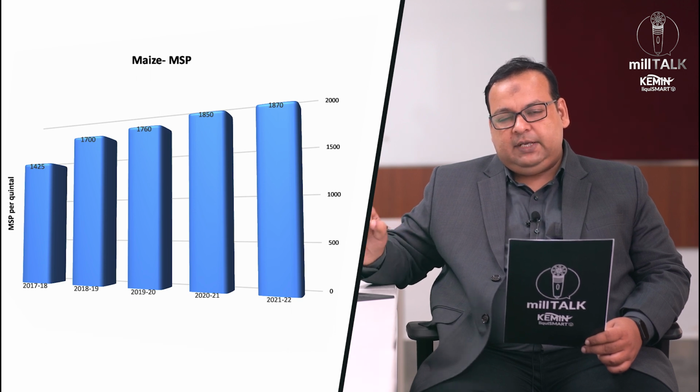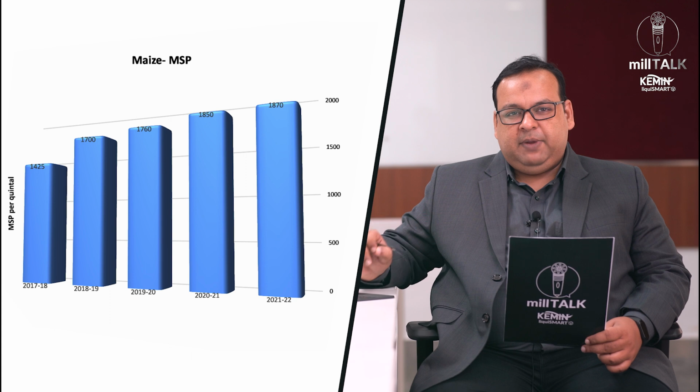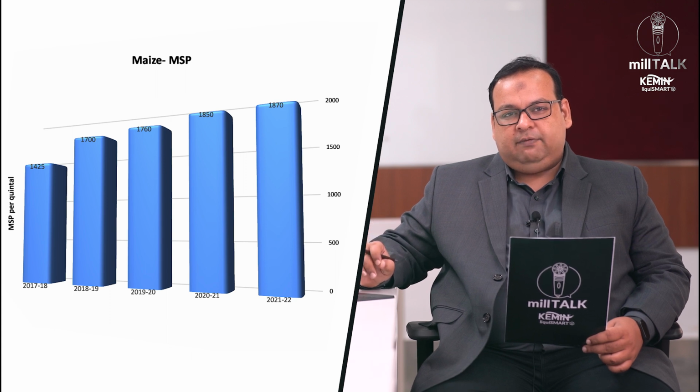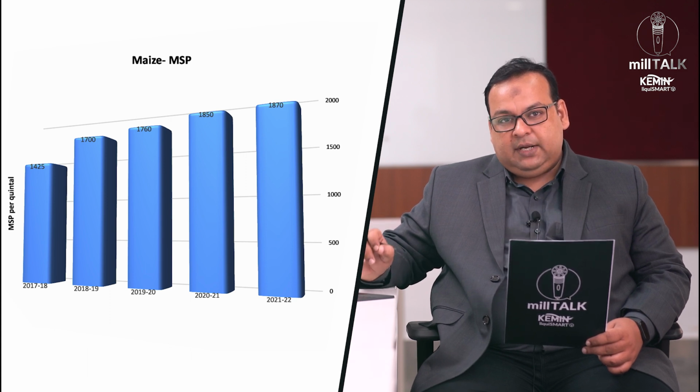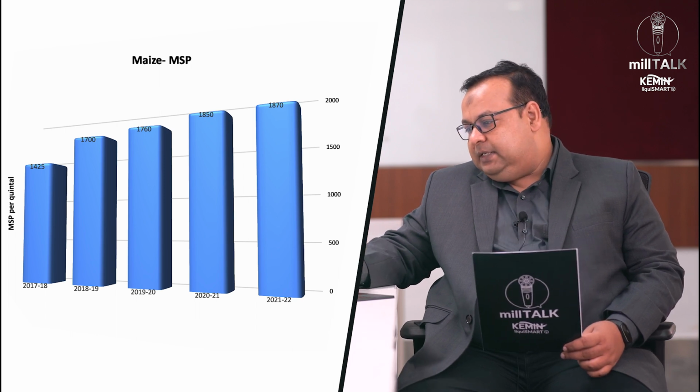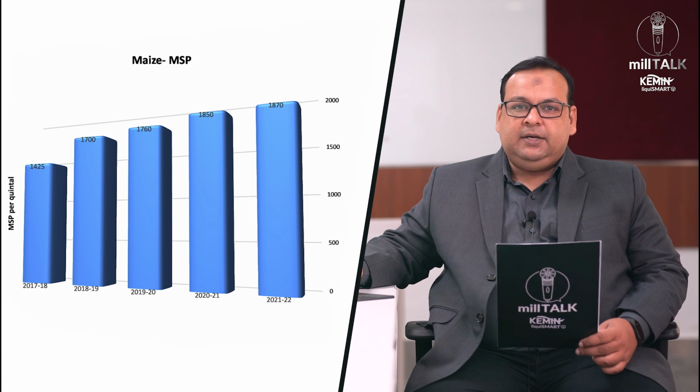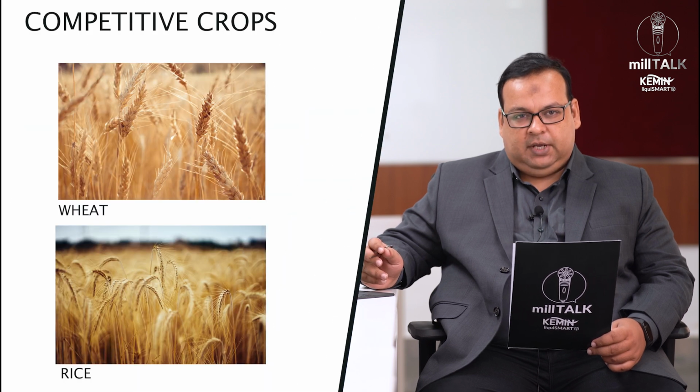In 2017-18, MSP for maize was 1425 rupees per quintal, whereas in 2021-22, MSP has increased to 1870 rupees per quintal. Acreage for corn production gets influenced by competitive crops like wheat and rice.